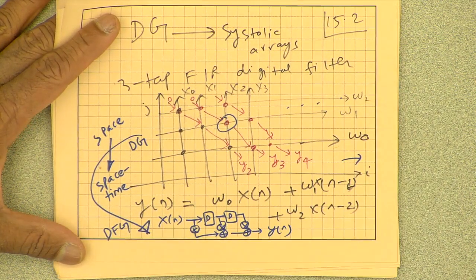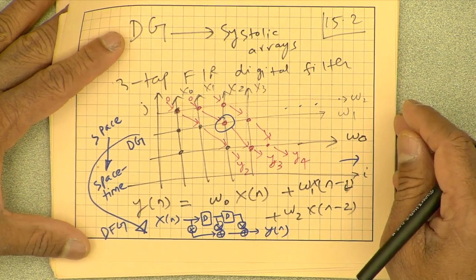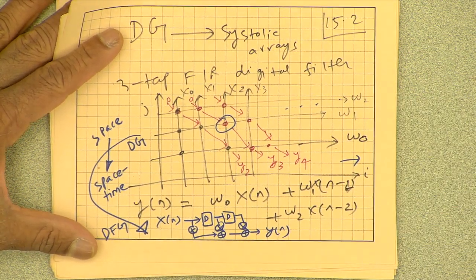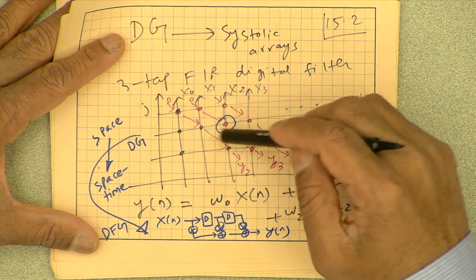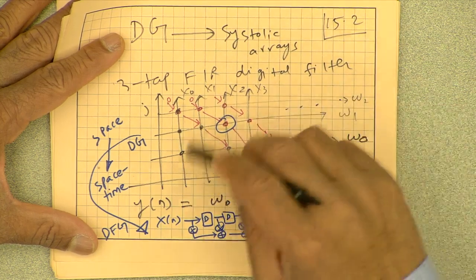Let's start with the space-time representation. So let me start with this so-called dependence graph, and we saw that this is an example of a regular dependence graph because the communication pattern of edges is exactly the same at every node.